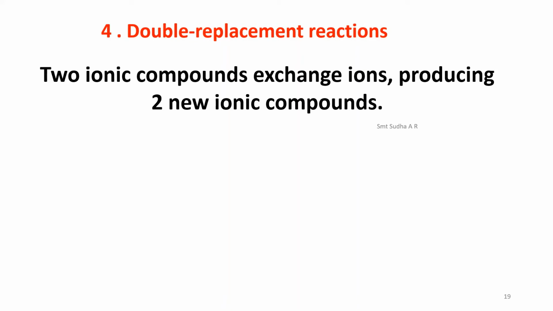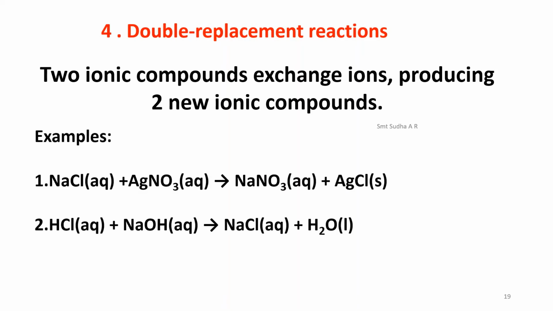So in a double replacement reaction, two ionic compounds exchange ions, producing two new ionic compounds. Even if you observe these examples, you come to know that Cl and NO3, those two ionic compounds, exchanged their places, that means ions.